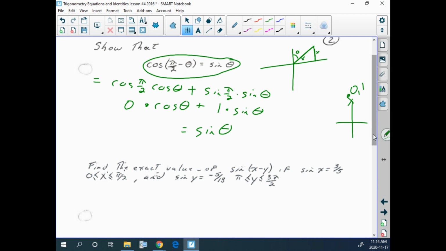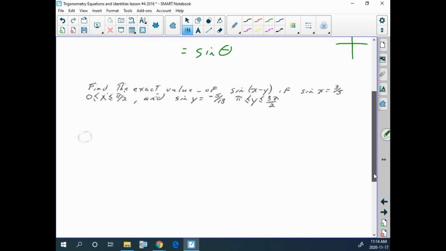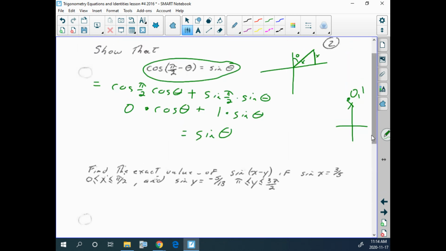They're related. Cosine and sine are related within that 90 degrees. There's a bunch of other coterminal angles for that. So that's a proof. So we've proven that we now could use this in anything that I want in the future.